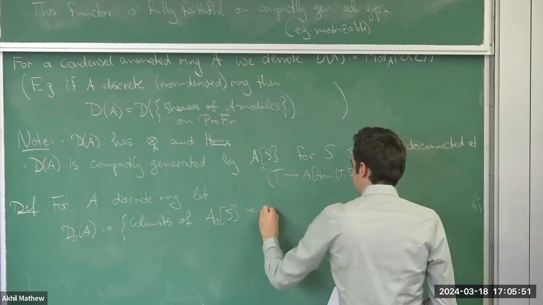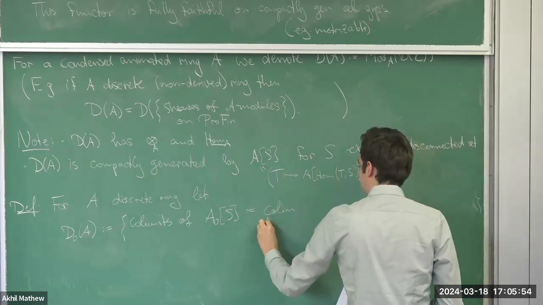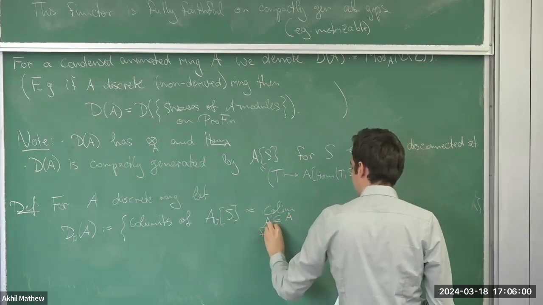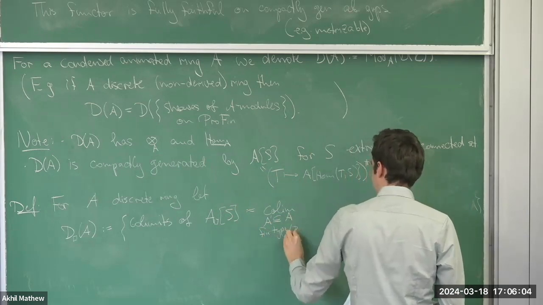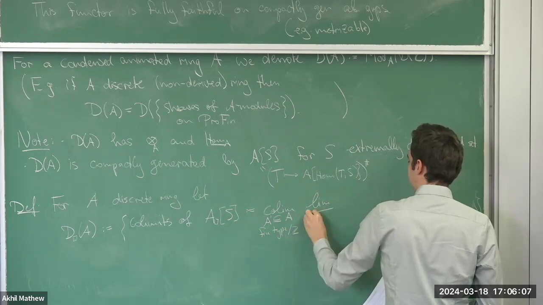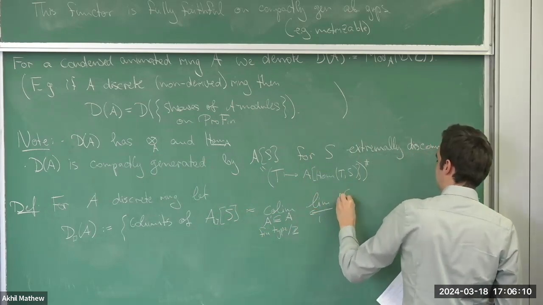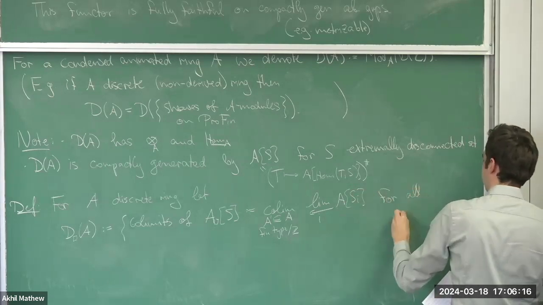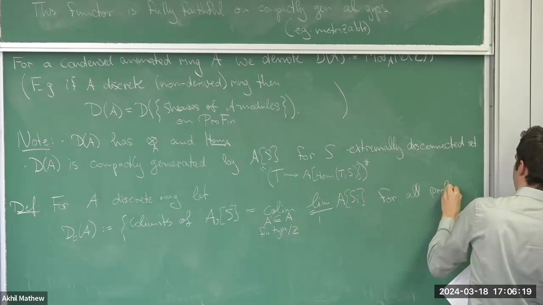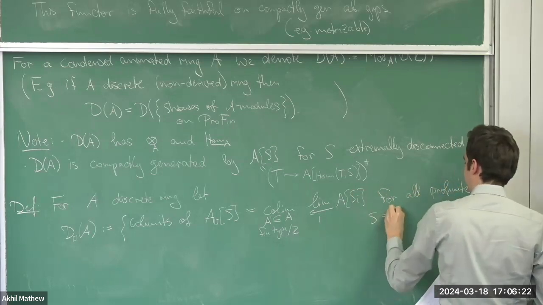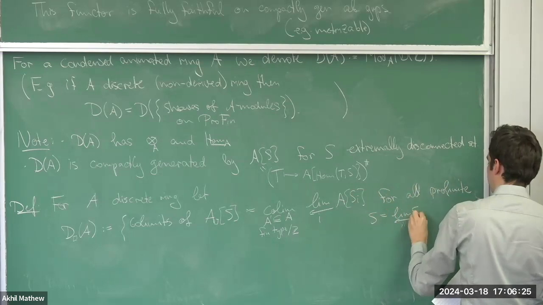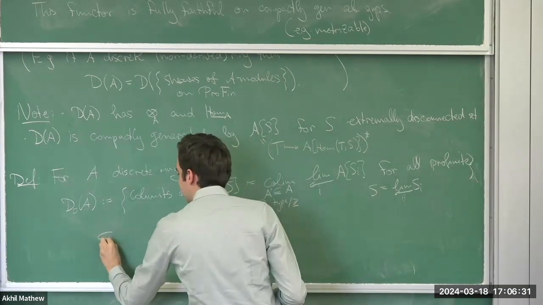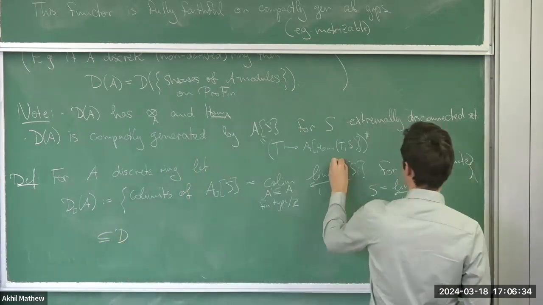Okay, the definition looks a bit weird, maybe. I take a colimit over all subrings A prime of A which are of finite type over Z, and then for each of those, I take a limit over A prime joined S_i, for all profinite sets S, which I write as a limit of S_i.